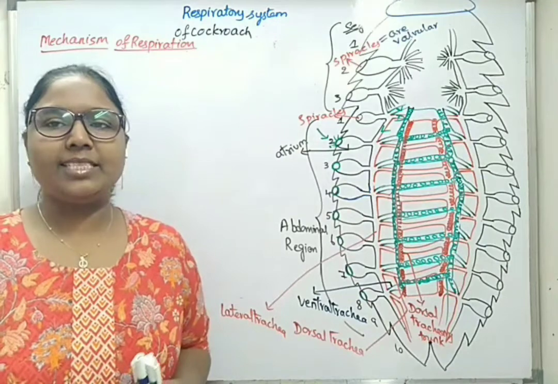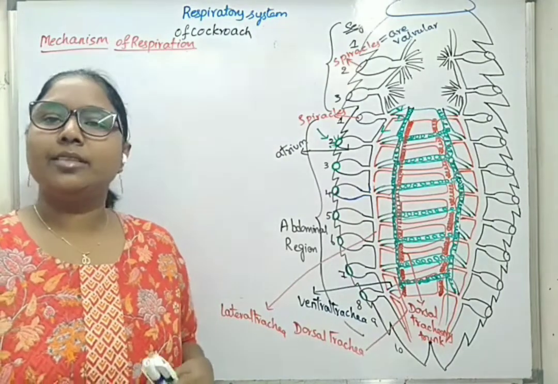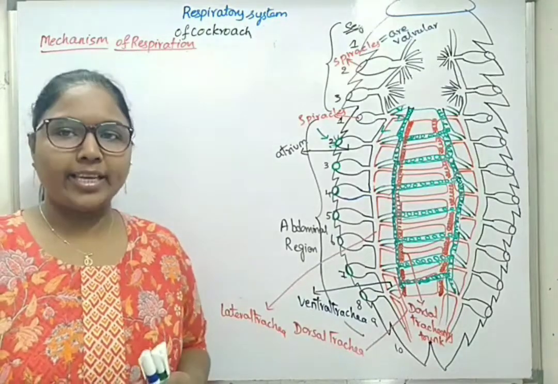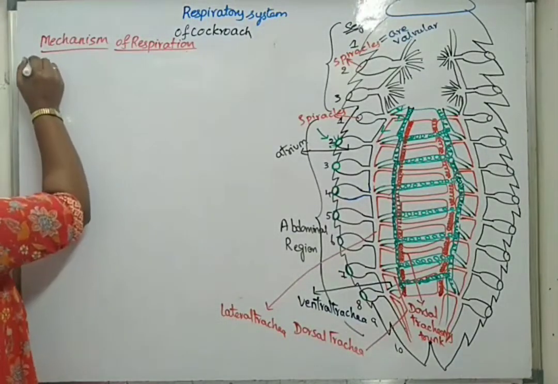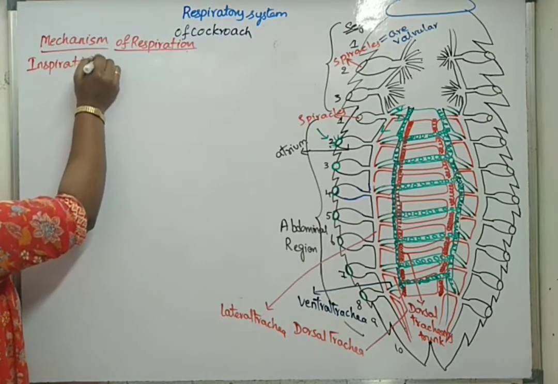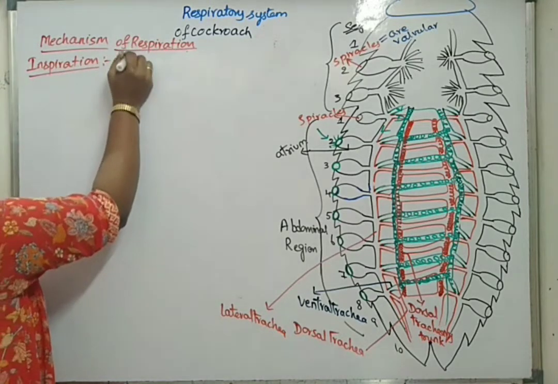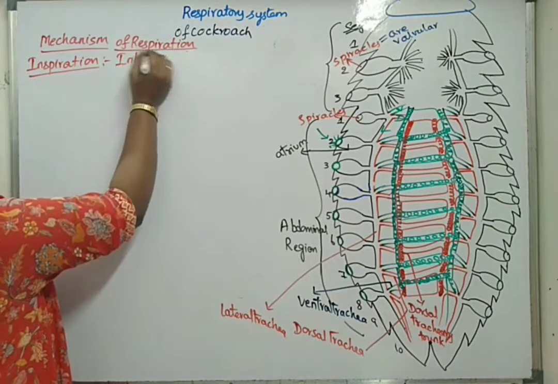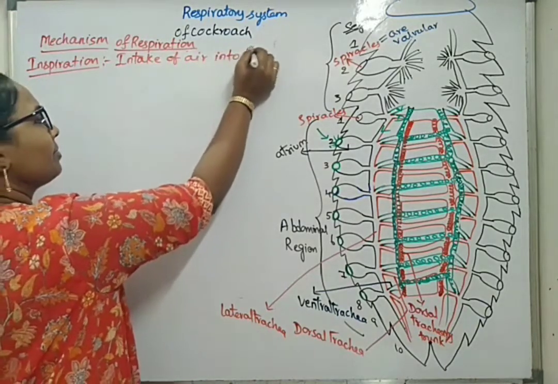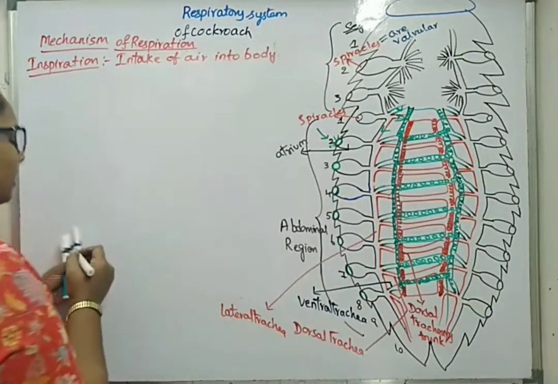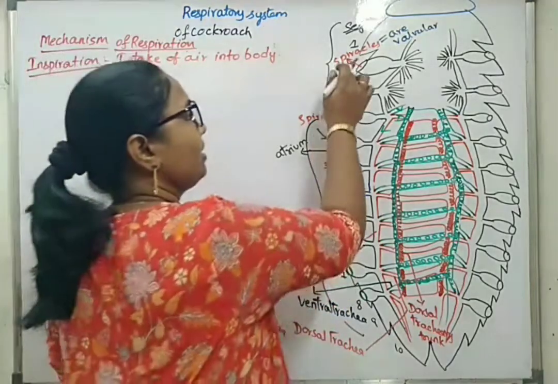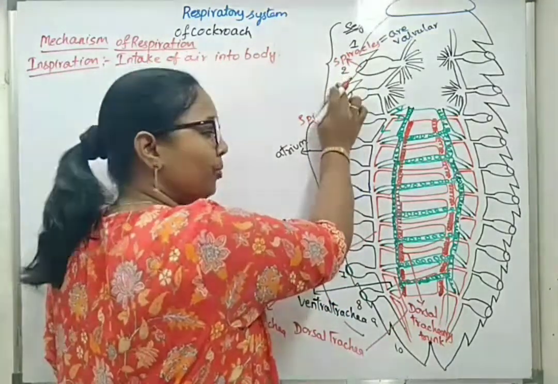Coming to mechanism of respiration in cockroach. The first step is inspiration. Inspiration means intake of air. Now, during inspiration, the thoracic spiracles keep open.